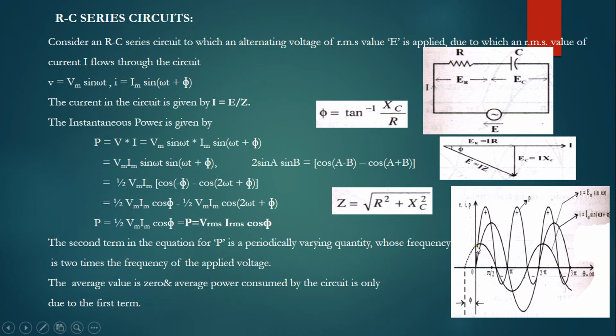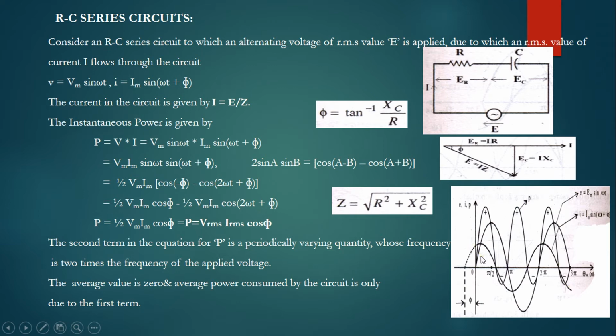So you have to draw it from here. It is not 0, it has some value. I equal to Im sin(omega t plus phi) has some value when V is equal to 0. That means the current leads the voltage. So you can draw it like this, it goes like this. You have to practice drawing this at home.